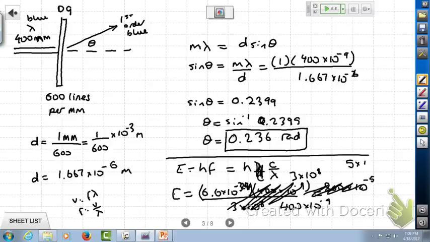That would be 5 times 10 to the minus 34, and 8 makes minus 26. Minus 9 on the bottom makes minus 15 joule, something like that. Can we check it?